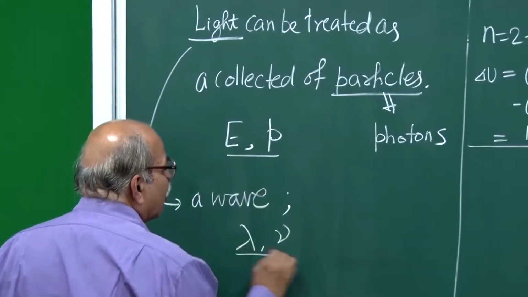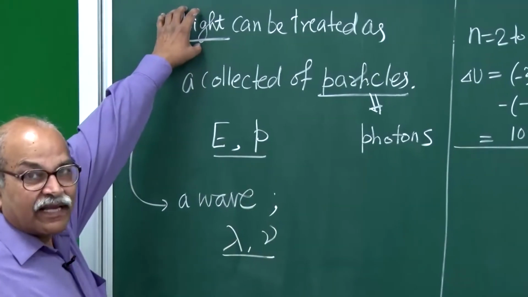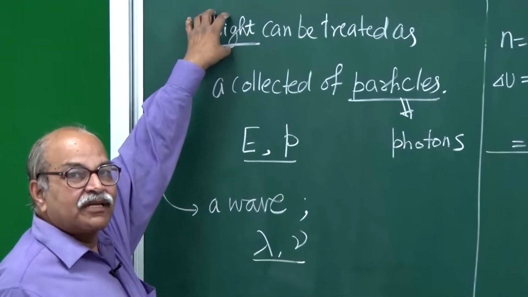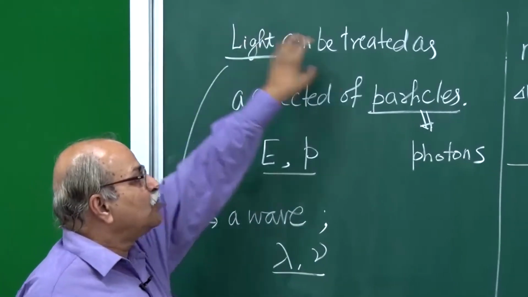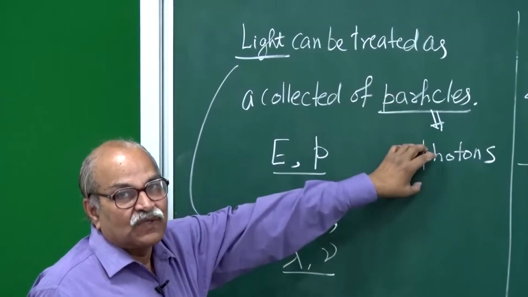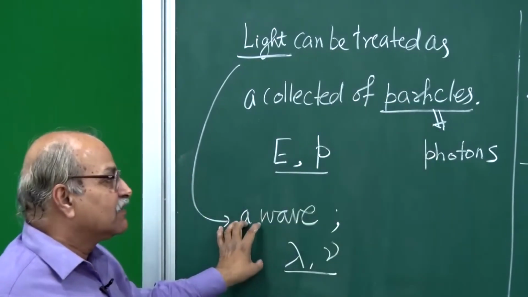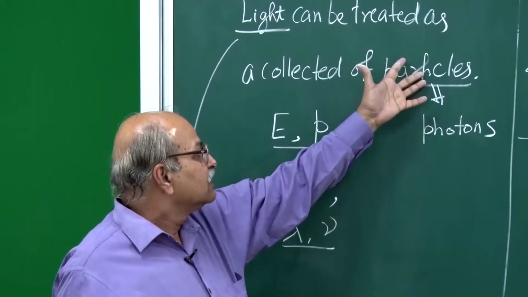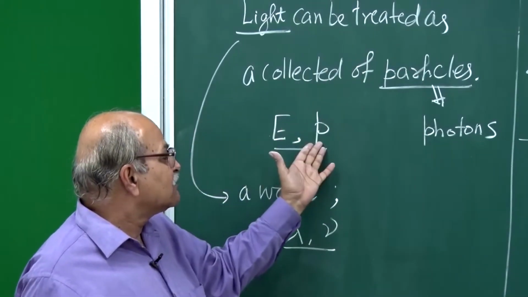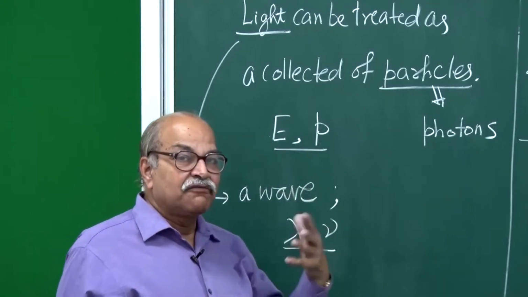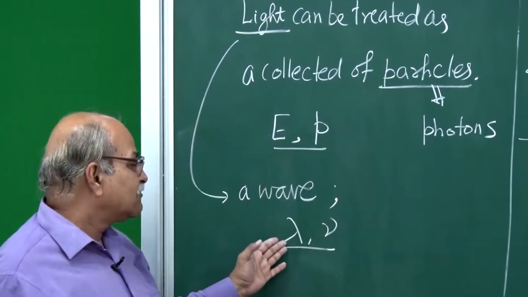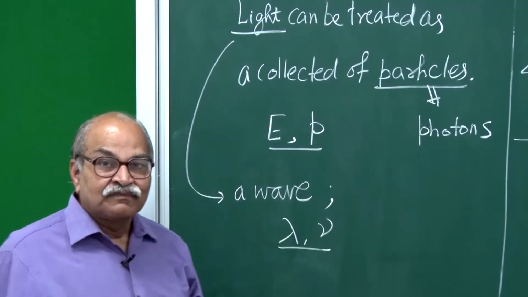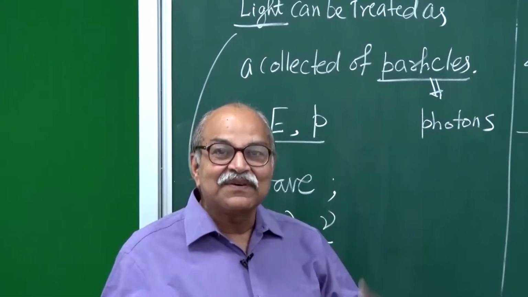So the same object, light or EM radiation, can be regarded as a collection of particles, a collection of photons, or a wave. When you talk in terms of photons, you talk of energy and momentum. When you talk in terms of waves, you talk of wavelength lambda and frequency nu. In fact, this is a very old debate.